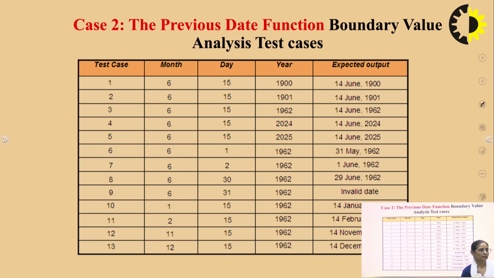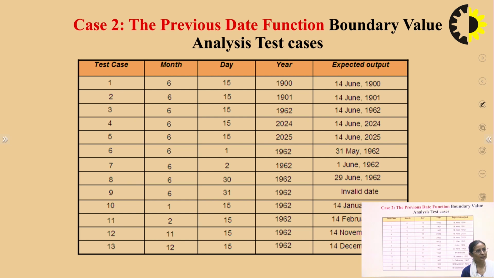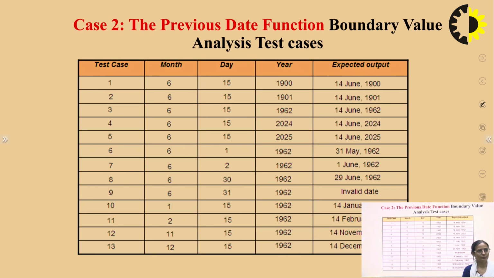So here are the previous date boundary value analysis test cases. We have 1 and 12, 1 and 31, 1900 and 2025. We have taken month as 6, day as 15 and year as 1900, that is the nominal value. For these two we have taken the nominal, and for these we have taken the minimum value.